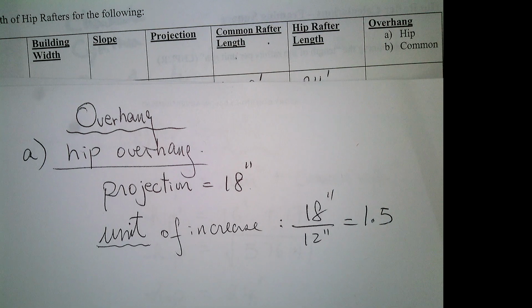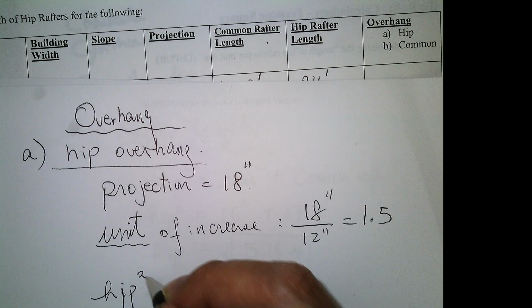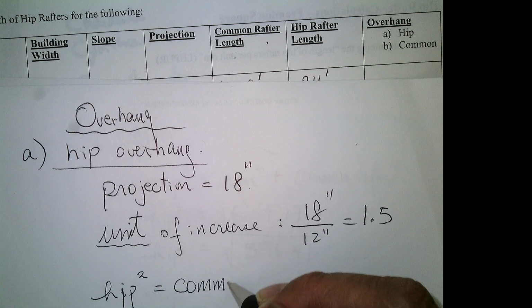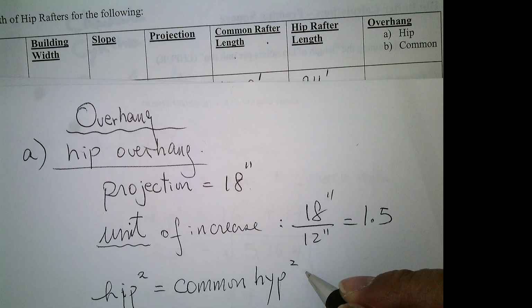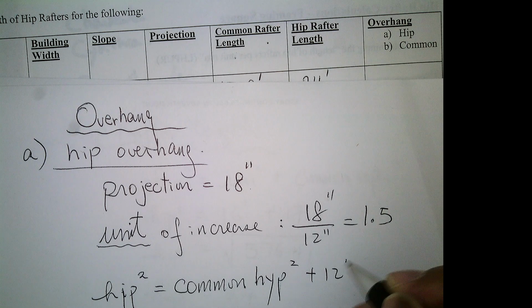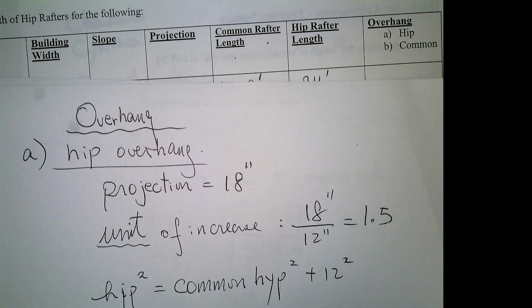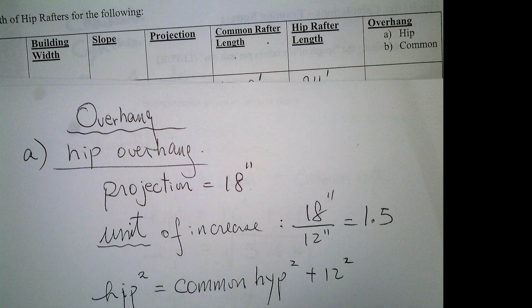Now we apply the given formula: the hip is the square root of the common hypotenuse square plus 12 square, so 13.4 squared plus 12 squared, given the unit to 12.